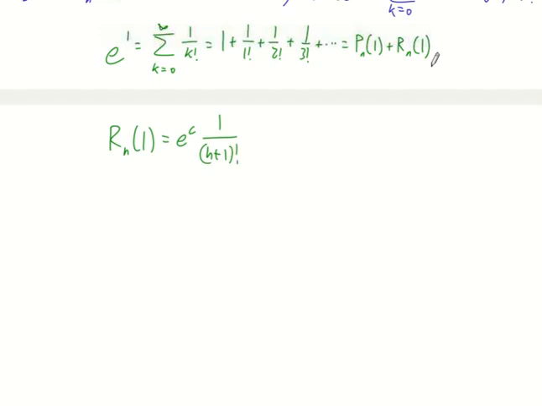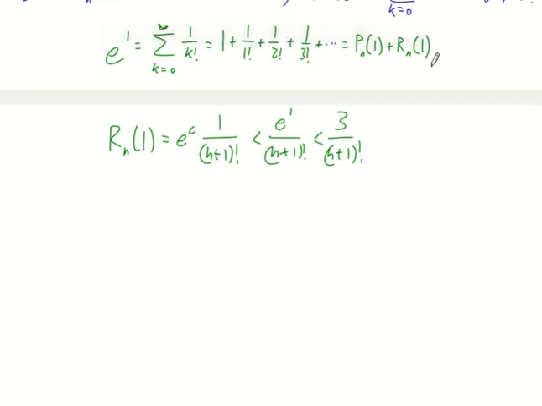Since c is some number between 0 and 1, we know that this is bounded above by e to the 1 over n plus 1 factorial, which we in turn can even bound with a worse bound, but one that looks nicer. We know that the error bound, the remainder, is smaller than 3 over n plus 1 factorial.